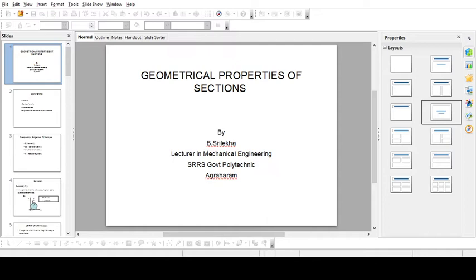Next, the centroid of a triangle. For a triangle, it is at the point where the three medians coincide, meet. You can see, for a triangle, it is at the point where the three medians of the triangle meet. A median is nothing but the line connecting the vertex and the middle point of the opposite side. Okay.